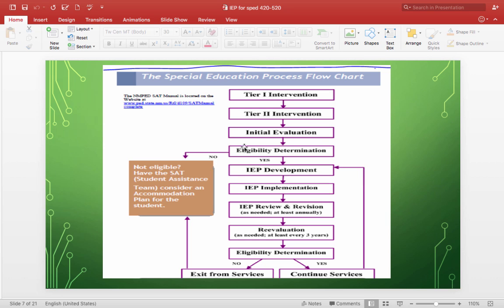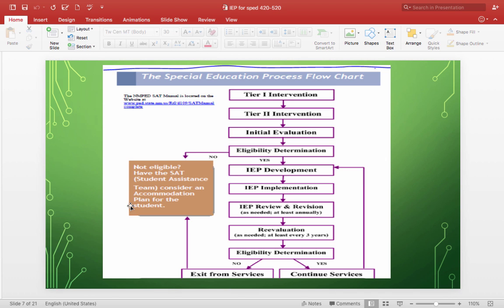So that's when the educational diagnostician or the school psych or the SLP, whoever it was who did that evaluation, is going to come back and they are going to give evidence as to why the student does or does not qualify for those services.